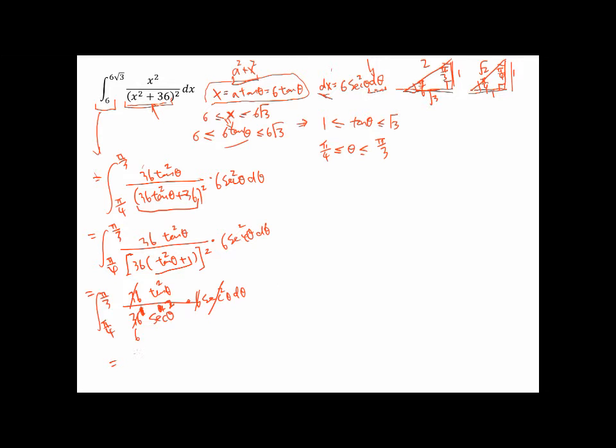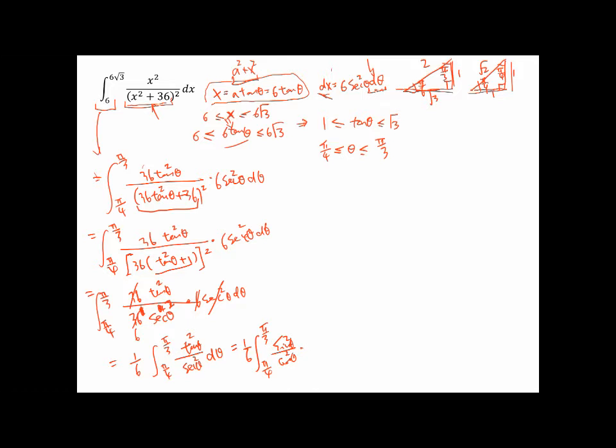Rewrite it. I take the constant out, which is 1 over 6, integral from pi over 4 to pi over 3, tangent theta squared over secant theta squared d theta. Okay. And then I find if I use substitution, it doesn't work here. I need to rewrite it. So 1 over 6, tangent theta squared, which is sine theta squared over cosine theta squared, right? Sine over cosine, squared.